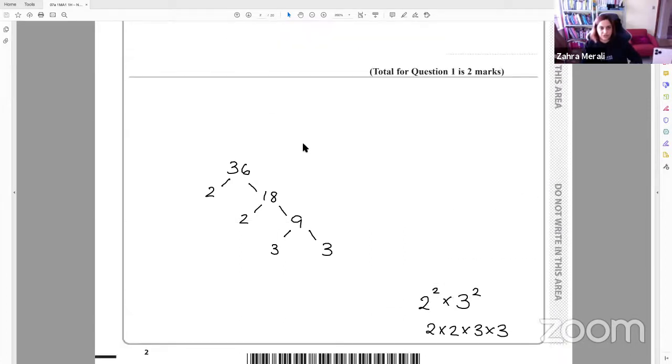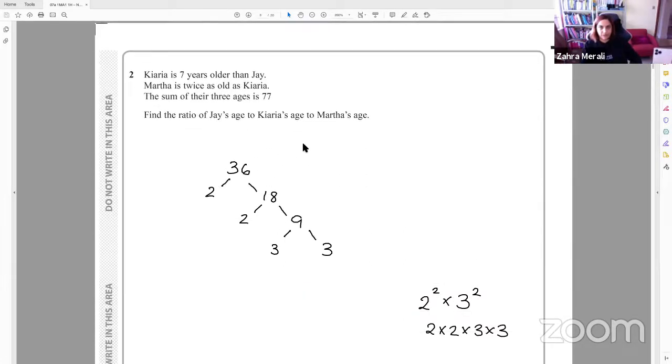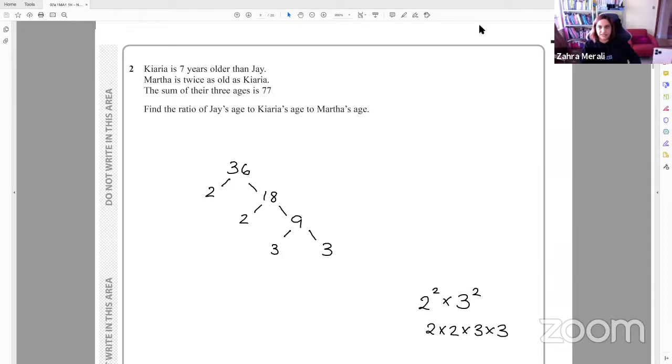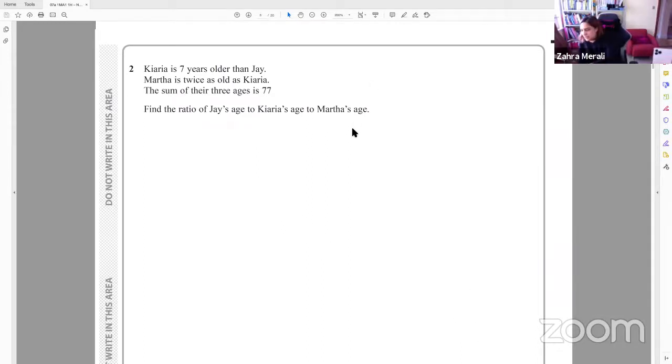Right, question 2. We've got Kiara is 7 years older than Jay. Find the ratio of Jay's age to Kiara's age to Martha's age. Okay, so Kiara is 7 years older than Jay, Martha is twice as old as Kiara. The sum of their 3 ages is 77. So I'm going to try use some algebra and some letters just to make this easy to do.